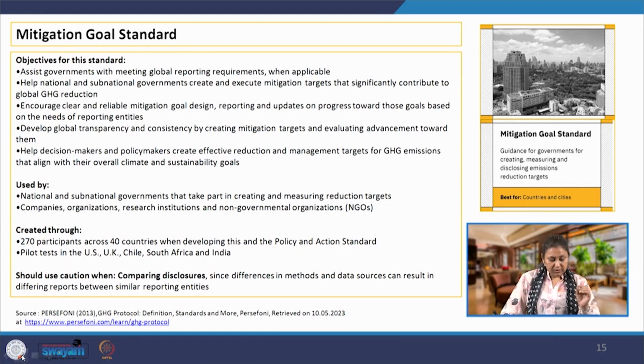Now, when we are using this particular standard, we are comparing disclosures from one country to the other country, and there we have to be very careful of the methodologies that have gone into accounting. How the accounting has been done?